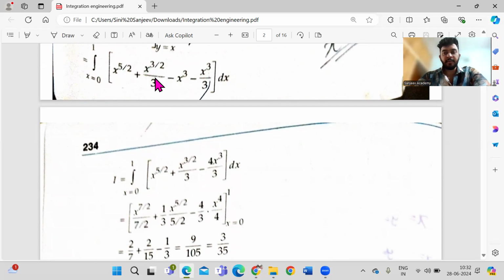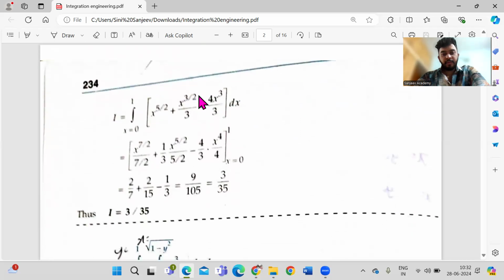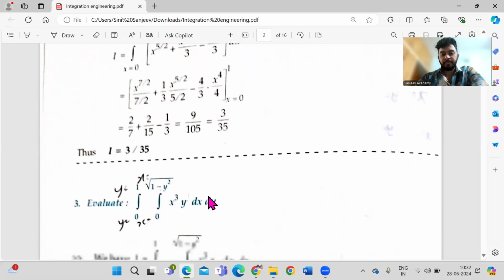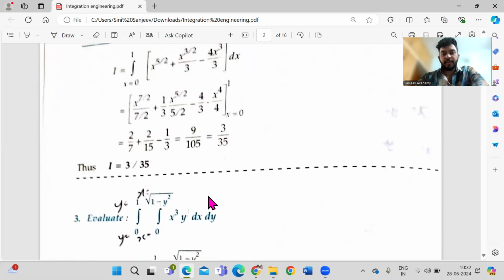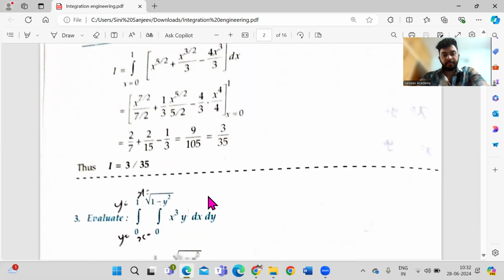Just press that SD, so it will come in fraction. After integrating with respect to x, put the limit 0 to 1. Then we'll get the required answer. Again, pause the video and try doing it by yourself.